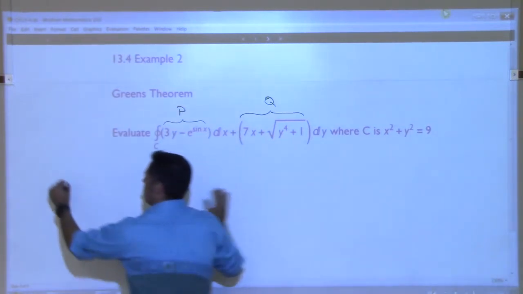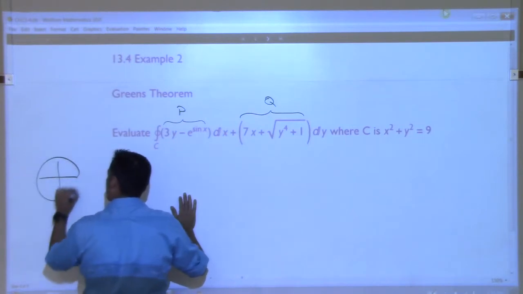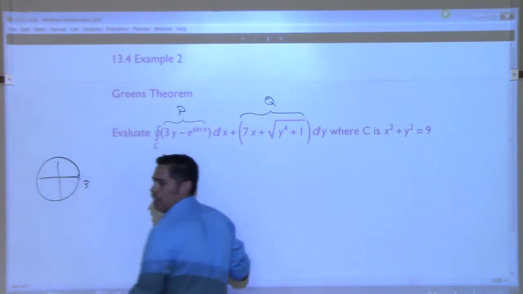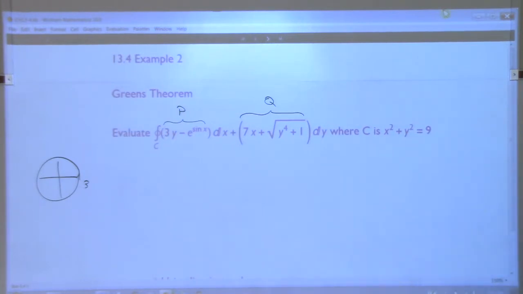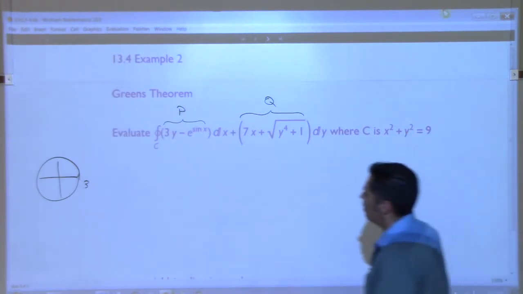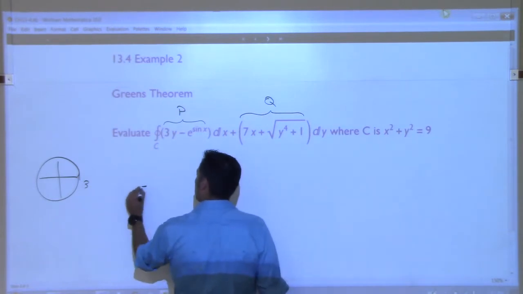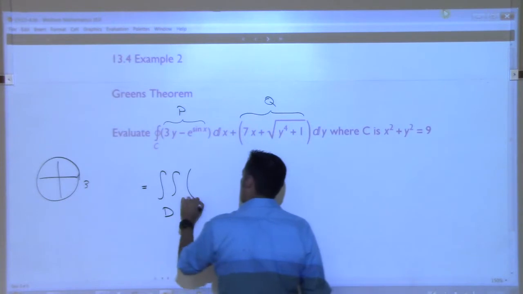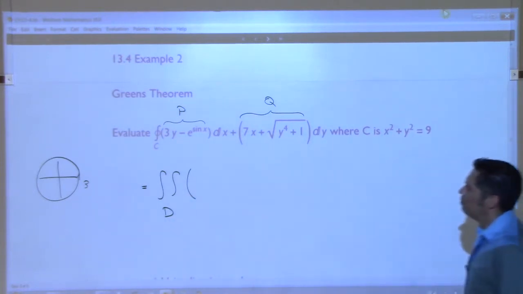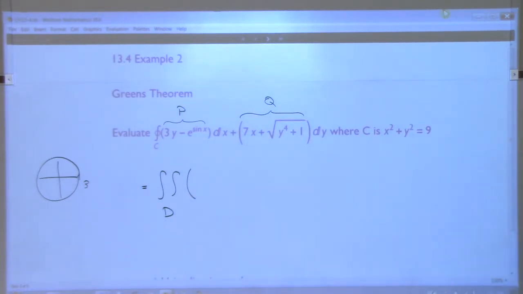We needed that it be closed. 3 is the radius on that thing. So we should be able to convert this over to a double integral. So this should equal the double integral over D of the partial of Q with respect to x.